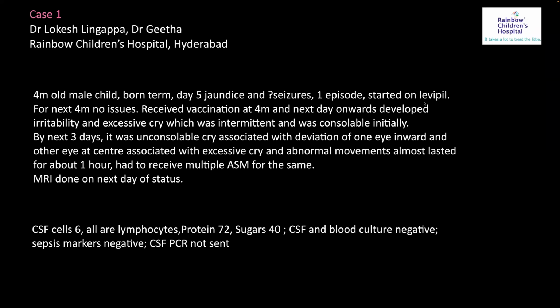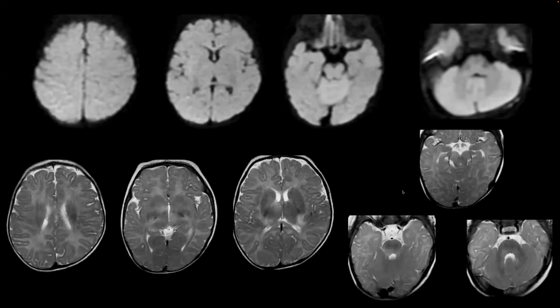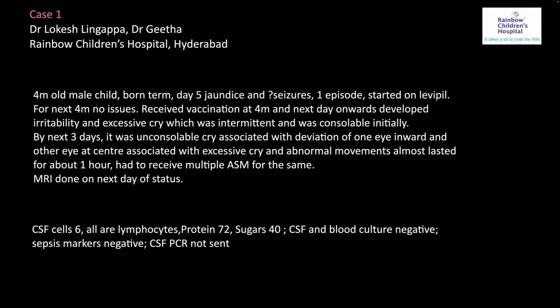MRI was done on the next day of this episode. CSF analysis showed protein of 72 and sugars of 40, and other cultures were negative. PCR was not seen. So we want to know what the most likely etiology is in this case.